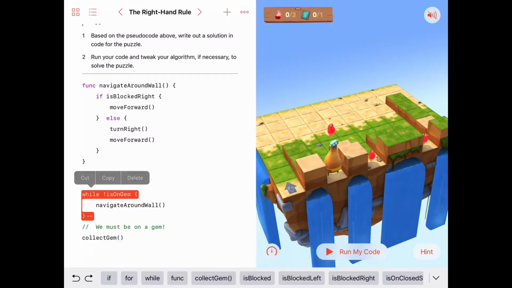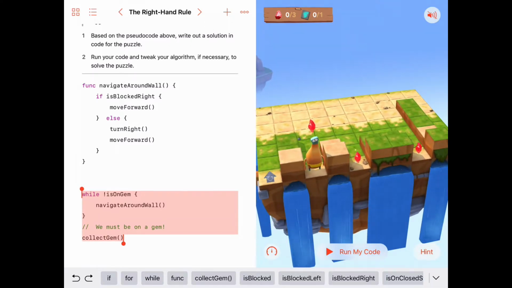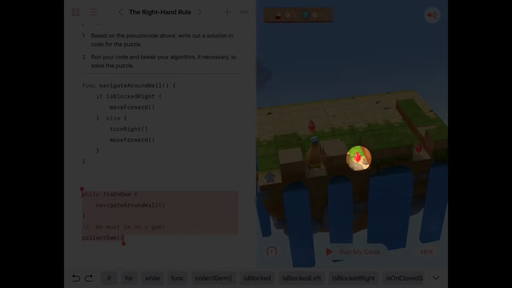So this whole bit of code right here, from here to here, its sole purpose will be to navigate around these walls and collect a gem. Okay? In fact, if we call this again, navigate around wall till we collect a gem, we'll get over here to this gem, I would think.